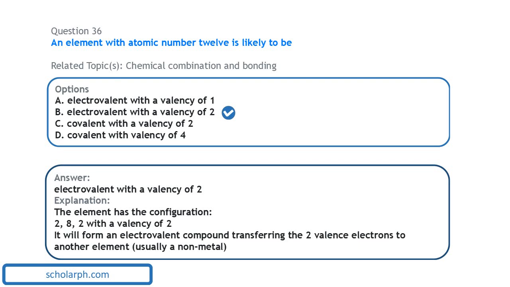So it has a greater tendency to donate this electron than to accept electron. That means this element is likely to form electrovalent bond, and it will have a valency of 2. Its oxidation number will be +2.